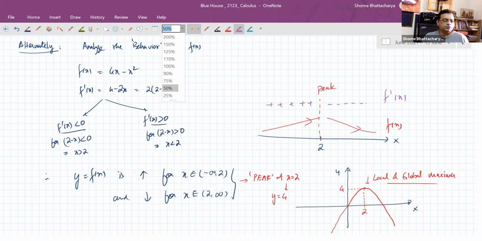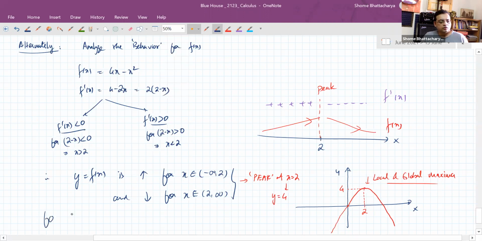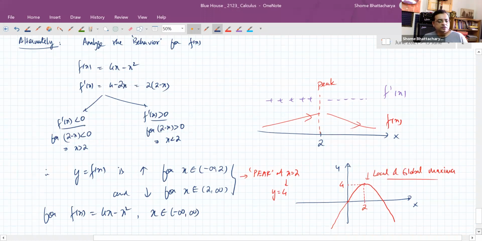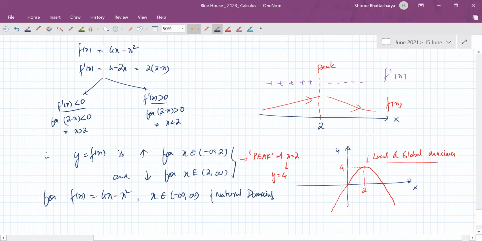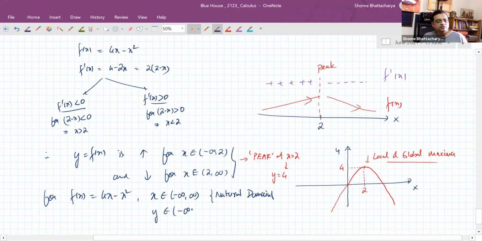So this would have been that kind of analysis. And from this, now we can also understand that for the function 4x minus x square, if we take the natural domain, then we can see that the range is in fact minus infinity to 4. This is the range.